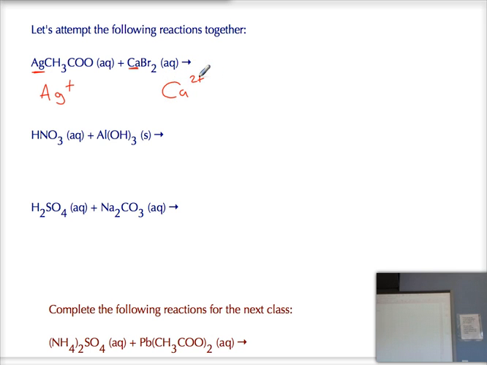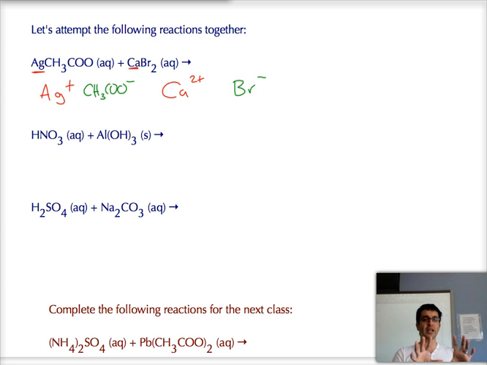As negative ions, we have CH3COO minus, which is the acetate ion, and Br minus. Notice that I'm not putting the 2 there because the ion is Br minus. There happens to be 2 of them. We'll do the balancing afterwards, once we have the compounds.